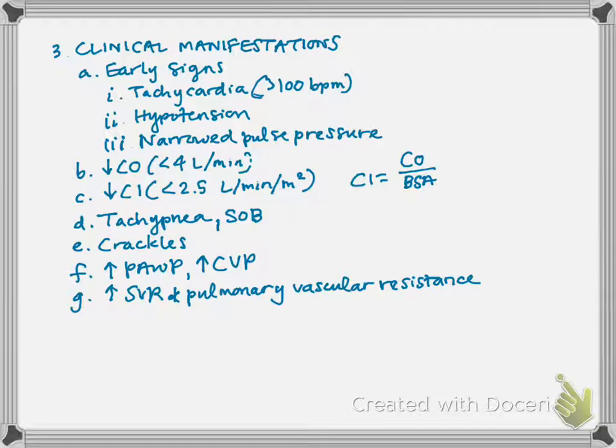But if someone's really edematous, we talked about how it kind of looks like heart failure, pretty much, all the tissues are really high in hydrostatic pressure. So it's not going to be very easy to get that blood out to the tissues because there's so much hydrostatic pressure in the vascular bed that it's going to be really hard to get that blood out there. It's kind of like that example of trying to open a door with someone else pushing up against it. So the vascular resistance is going to be really high.